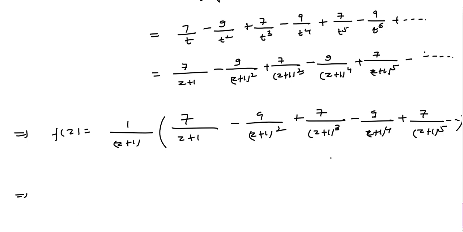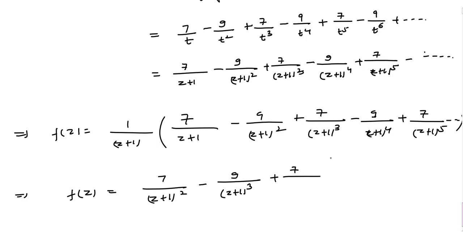So our final Laurent series expansion will be 7 upon z plus 1 to the whole square negative 9 upon z plus 1 to the whole power 3 plus 7 upon z plus 1 to the whole power 4 negative 9 upon z plus 1 whole power 5 plus 7 upon z plus 1 to the whole power 6 negative dot dot dot.